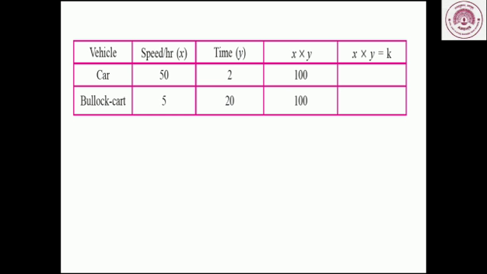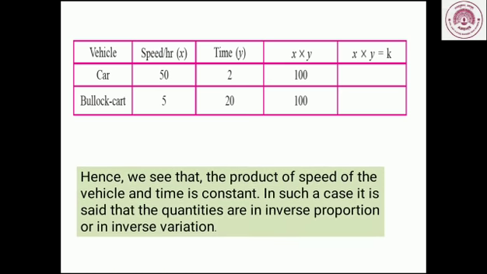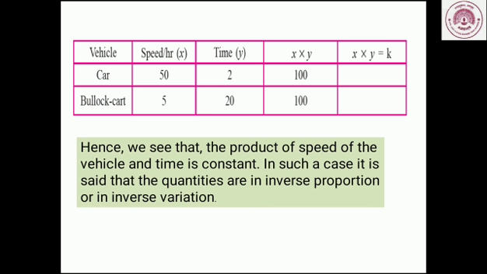Now here you can see that x multiplied by y is constant. Hence, we see that the product of speed of the vehicle and time is constant. In such a case, it is said that the quantities are in inverse proportion or in inverse variation.